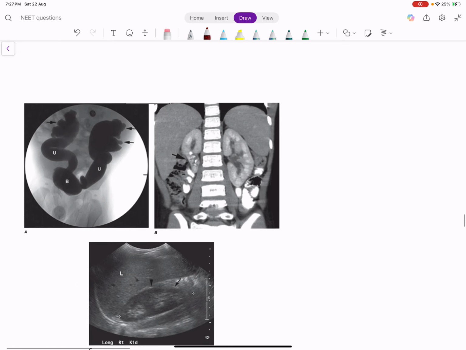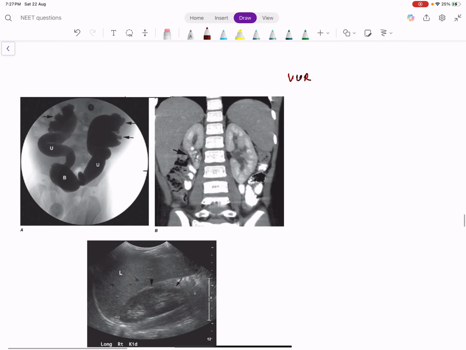Now this is about vesicoureteric reflux. This is an image of a micturating cystourethrogram. This will be discussed in surgery only. Normally when we void, the bladder will contract and empty into the urethra. None of the urine from the urinary bladder will go back into the ureter.